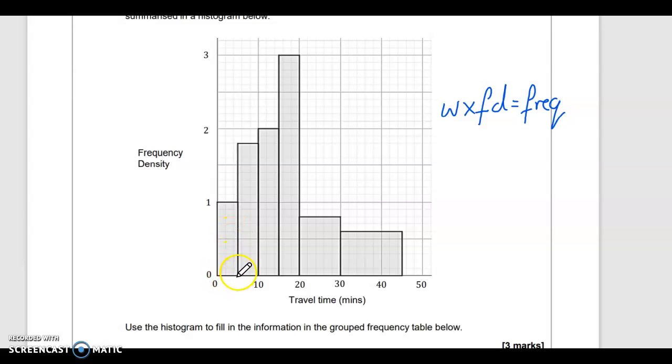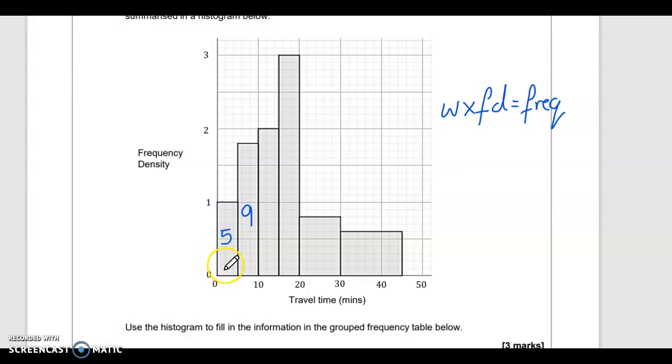The width is 5 and the height is 1, so that is an area of 5. That's our first frequency. The width of the next bar is 5, times the frequency density, following the scale, which is 1.8. Multiplied together, that's an overall area of 9, which is our following frequency.